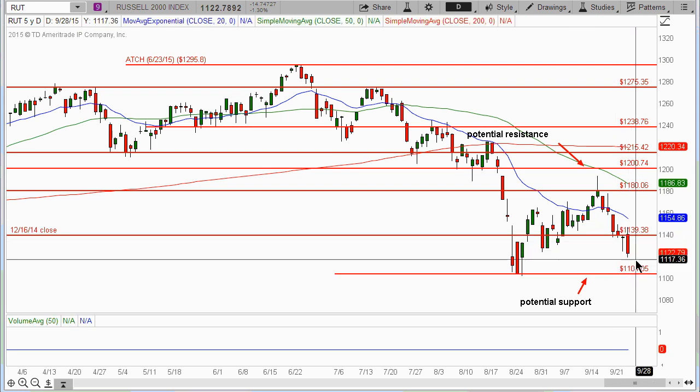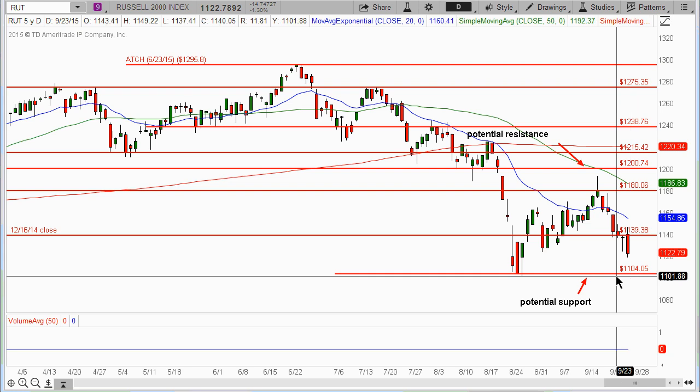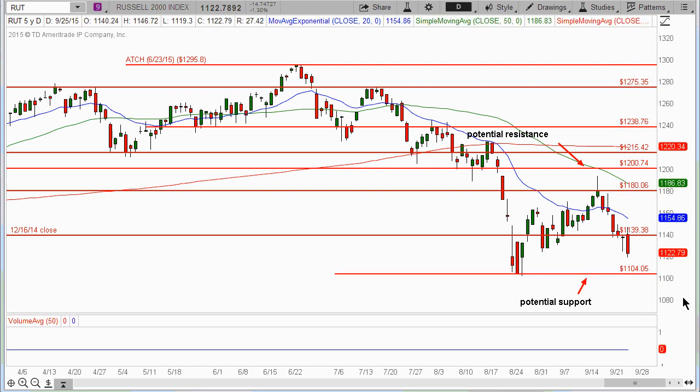it's coming down. It looks like it's going to come down and test this August low here, this 1104 area here, because right now it still could try to hold up on this particular band here, and maybe it will come up and try to do a little bit of this head and shoulder type of pattern.